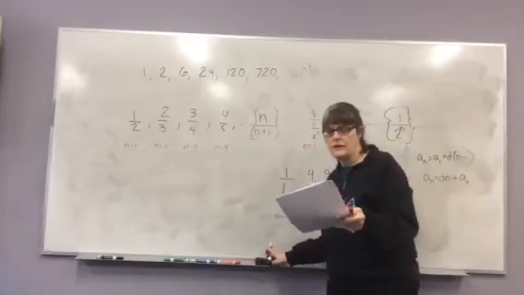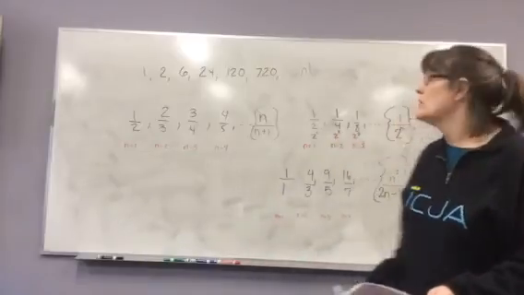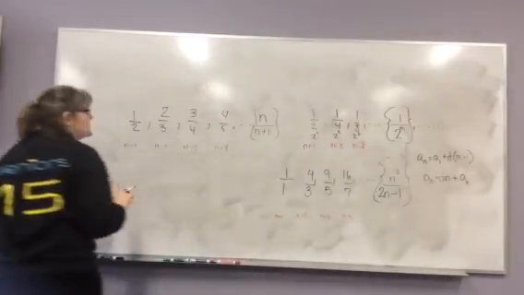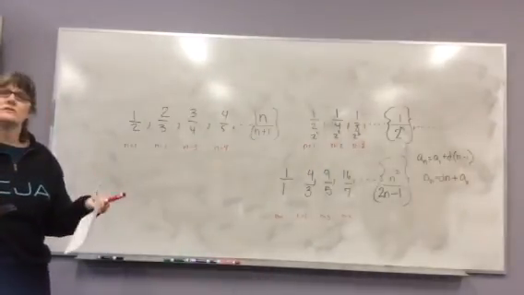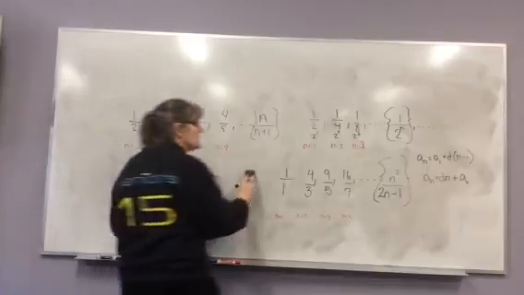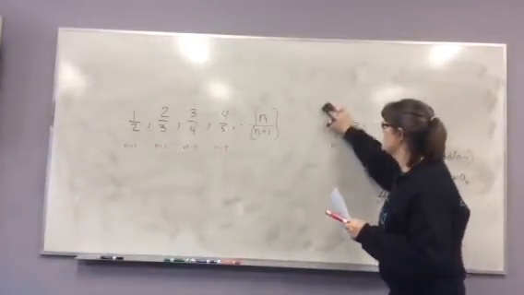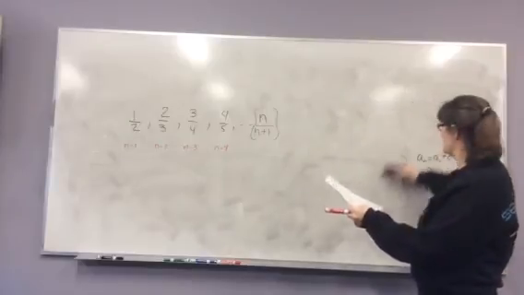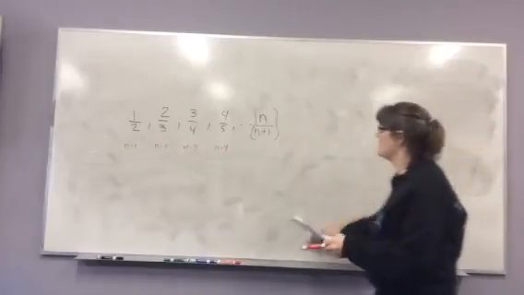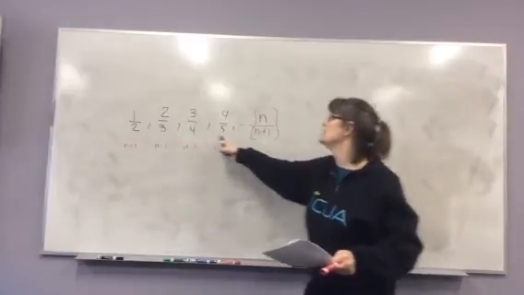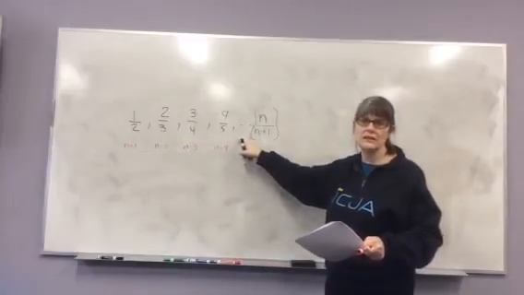Okay. Now, we're going to be asked, does the sequence converge or diverge? That's letter C here. We are going to find the limit. So I want to know, does this sequence of terms converge to something?